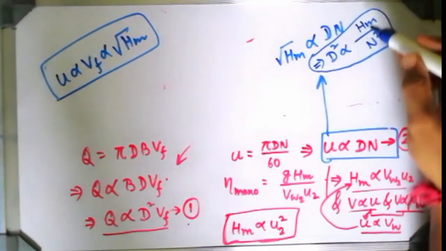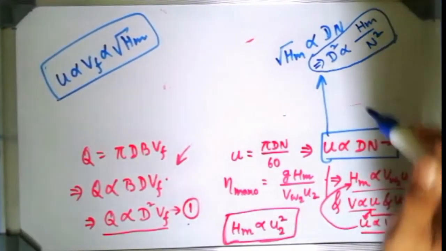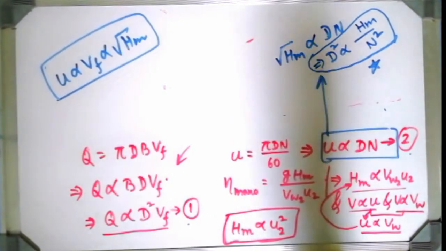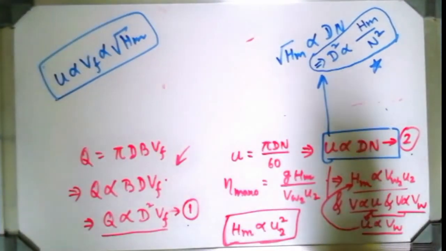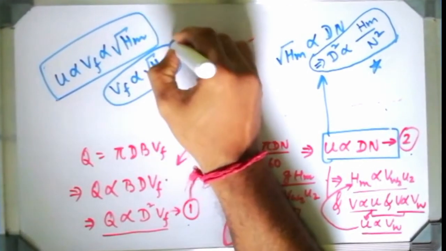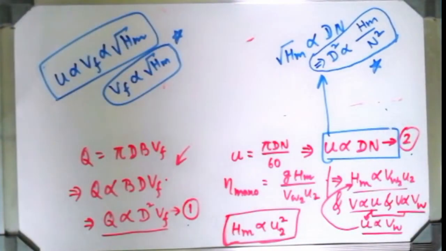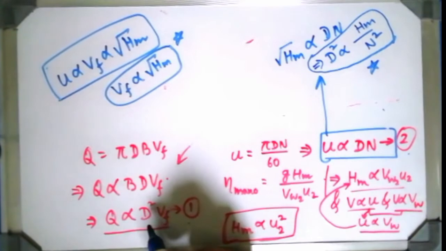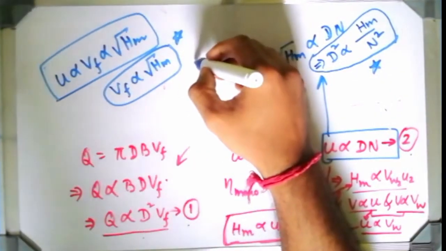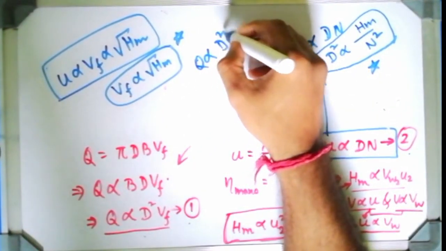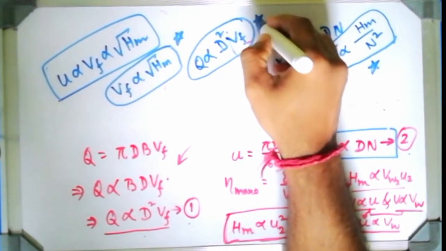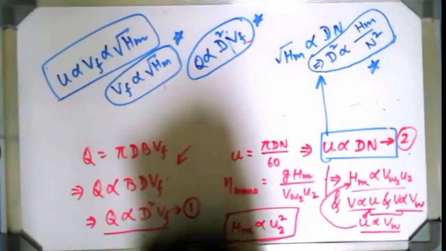So d square proportional to hm by n square, I need this, I have given it one star. Then I need va proportional to root hm, this I need, I have given it two stars. And I also need q proportional to d square va, this I need. These three relations I need. What I will do now is just combine them.